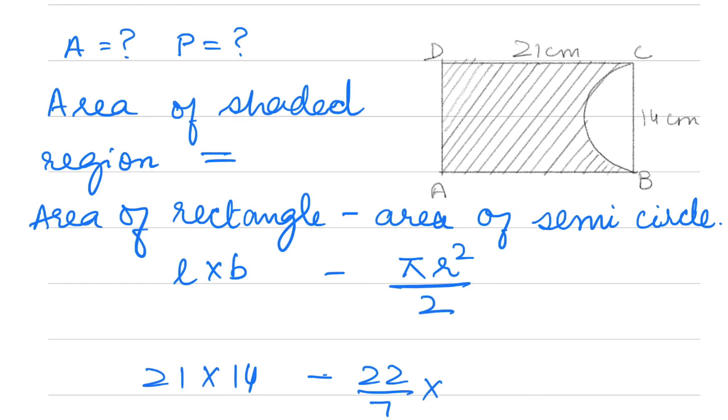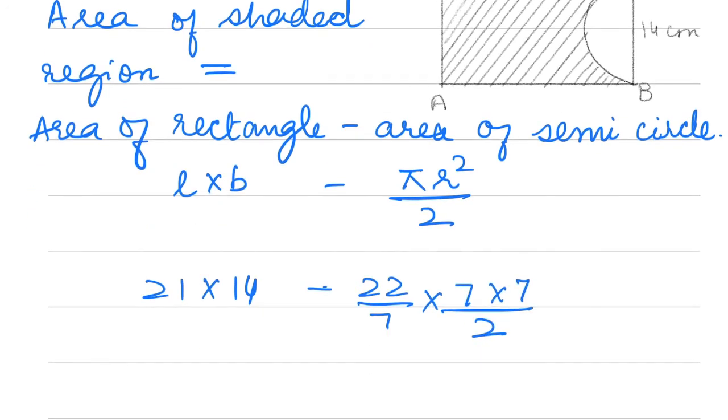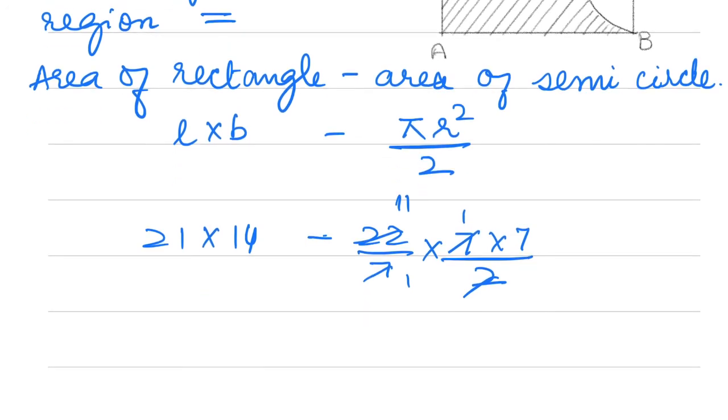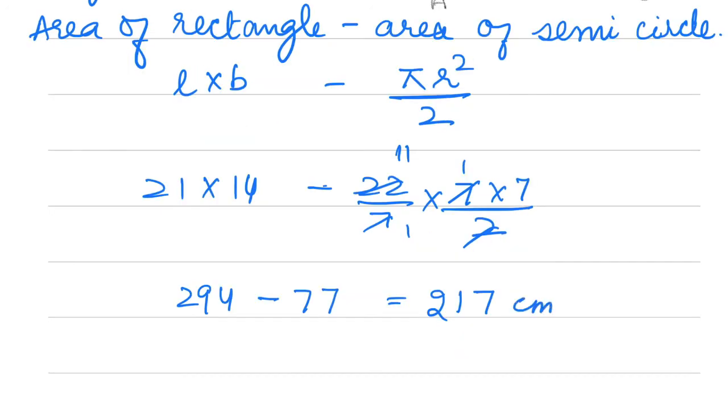Radius is 7 because BC is 14, so that's the diameter. So radius will be 7 into 7 divided by 2. So we have 2 11 times and 7 1 time. So this is 294 minus 77. So this is equal to 217 centimeter square.